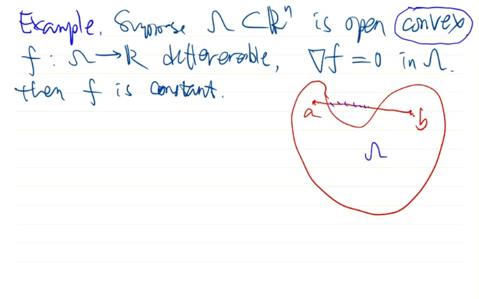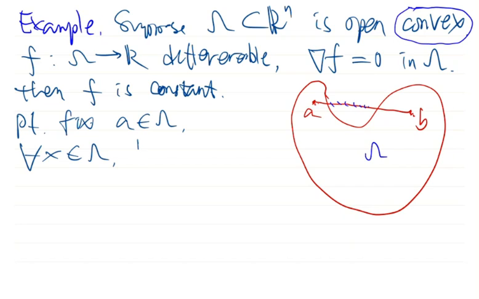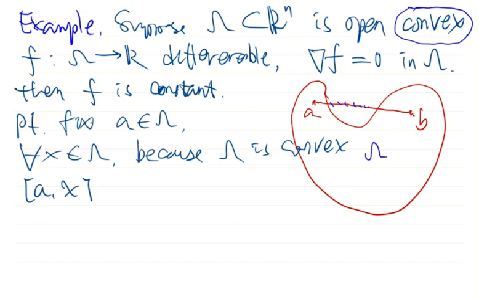So the proof goes this way. Fix a in omega. For x in omega, because omega is convex, the segment joining a and x is contained in omega.